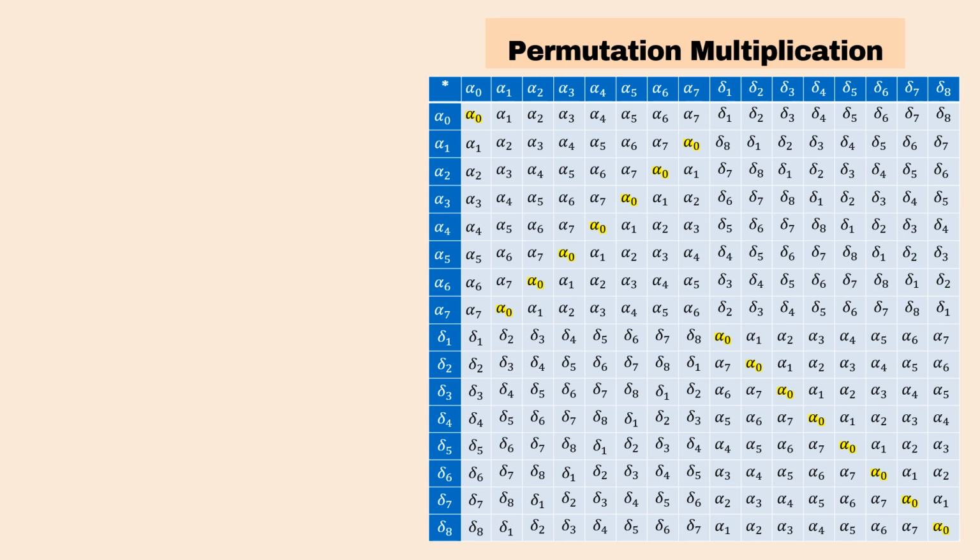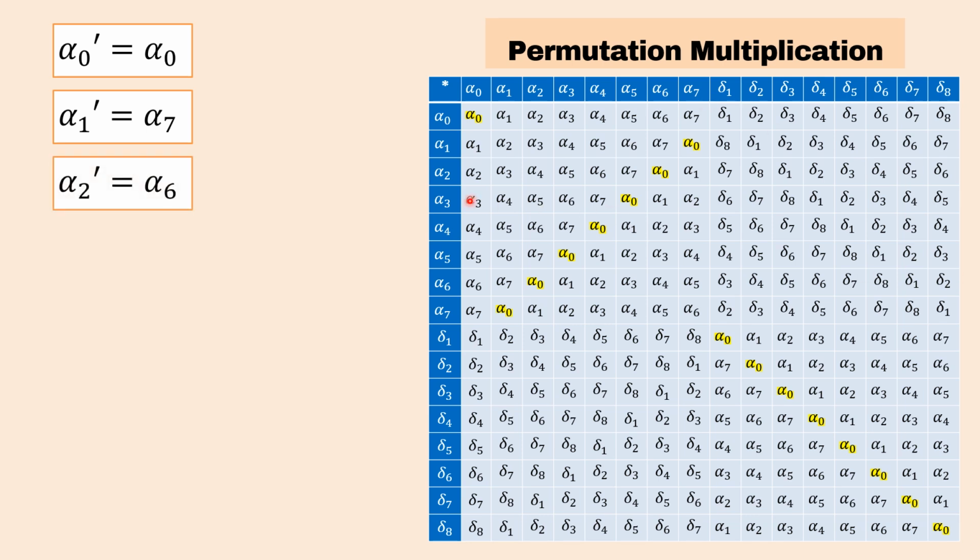Now let's see if there exists an inverse element for all. Let's get the inverse of each of the elements first using the table and using the identity element. So alpha sub 0 star alpha sub 0 is alpha sub 0, so the inverse of alpha sub 0 is alpha sub 0. The inverse of alpha sub 1 is alpha sub 7.